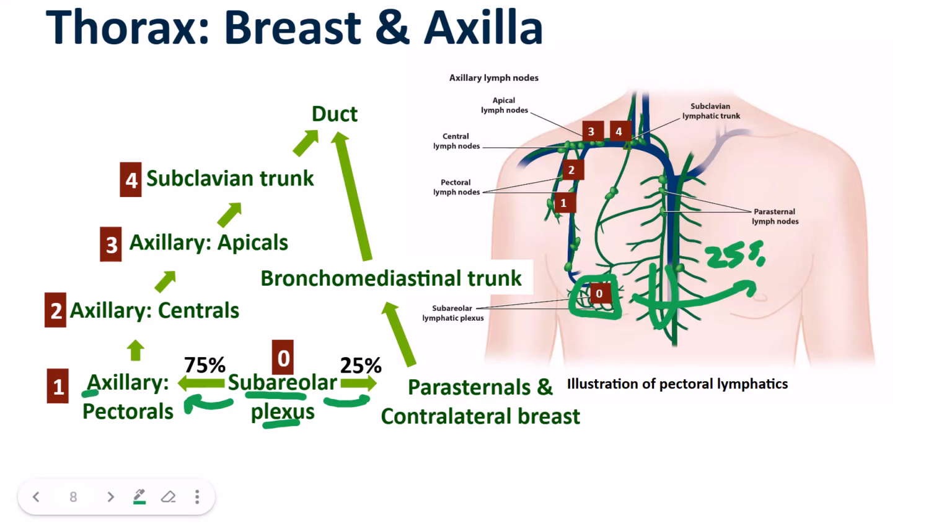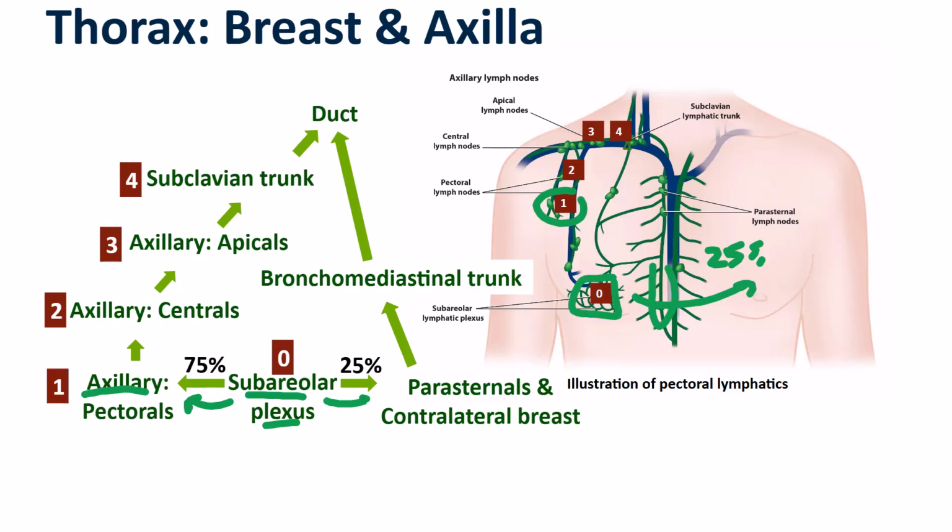Now, axillary references the axilla, or the armpit. So the first group of nodes are the pectoral nodes. These are deep to pec major, kind of at the margin of pec major.